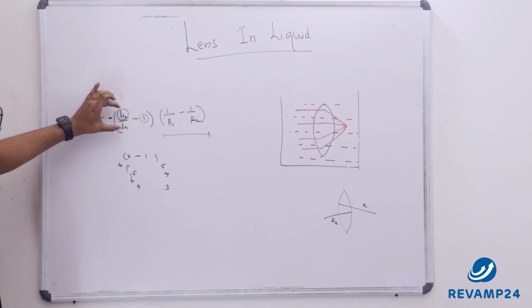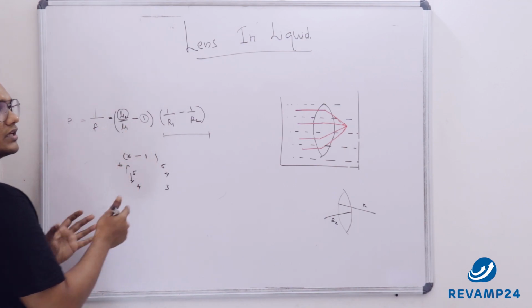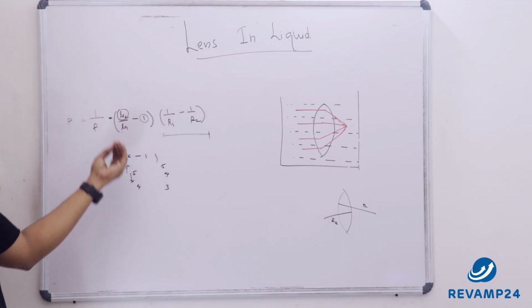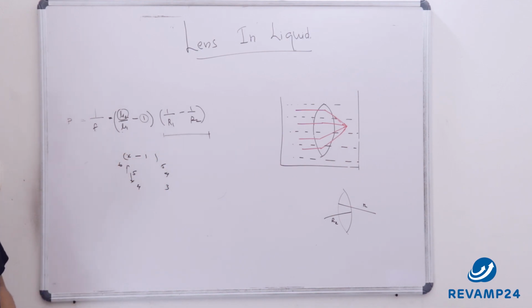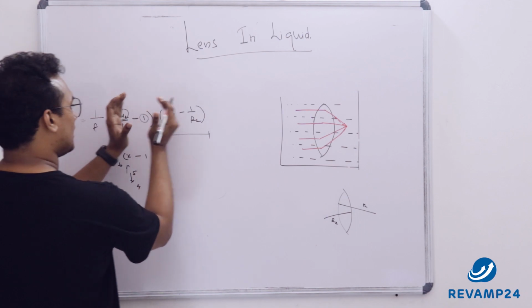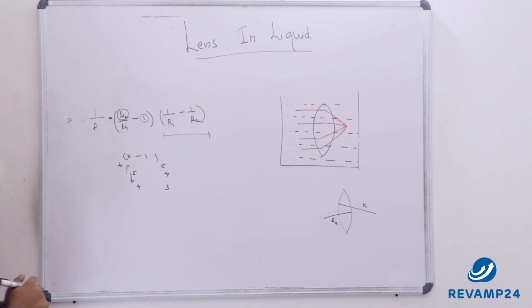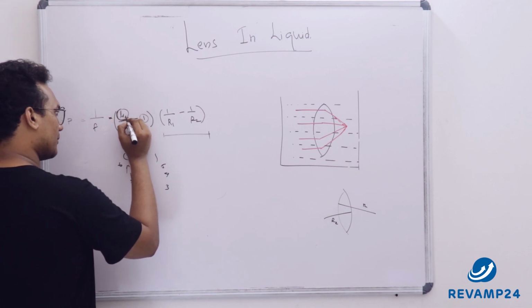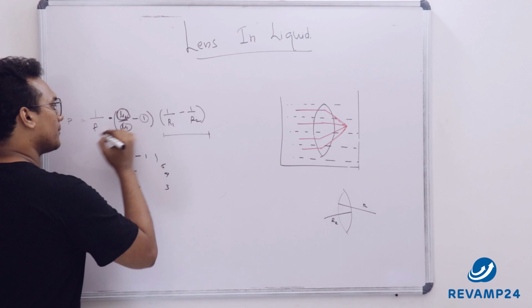So when x increases, the whole value increases, and this value is multiplied by the other factor. Out of this, the other factor is the same and doesn't change. What is changing is mu1.